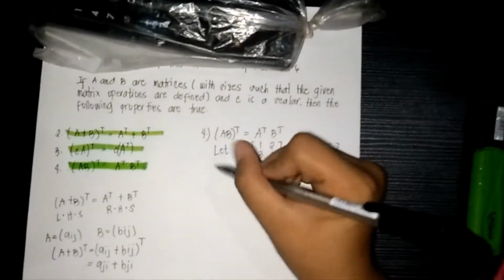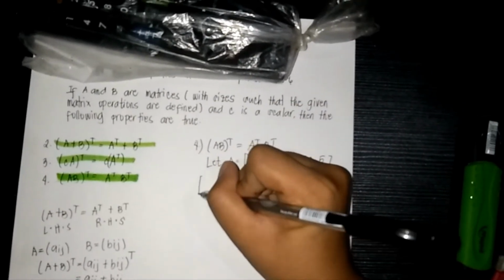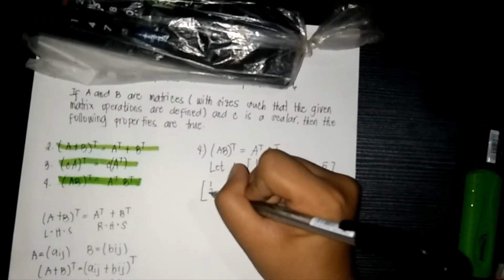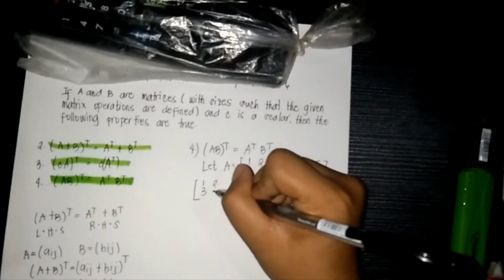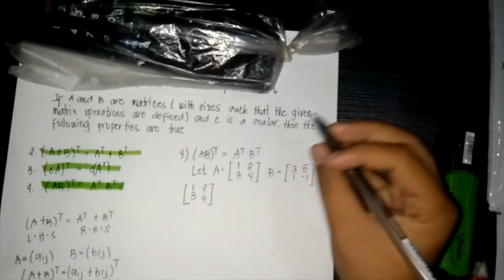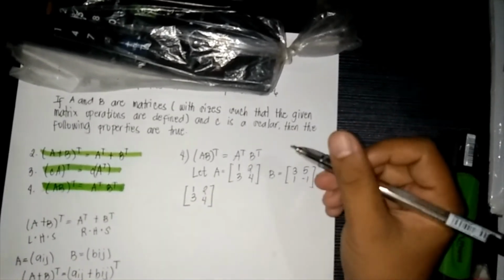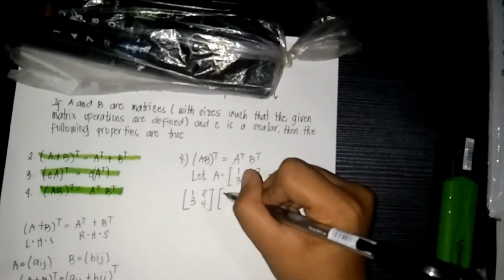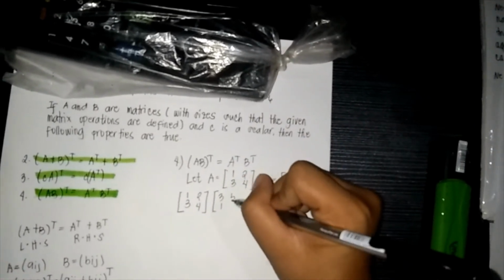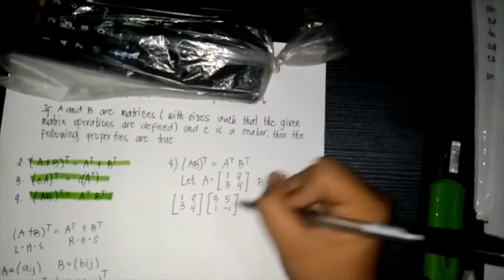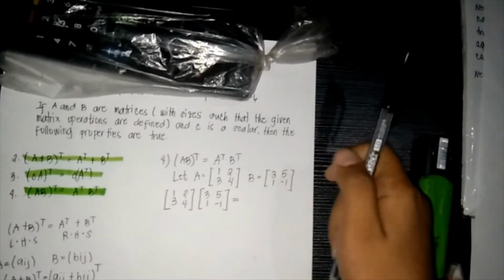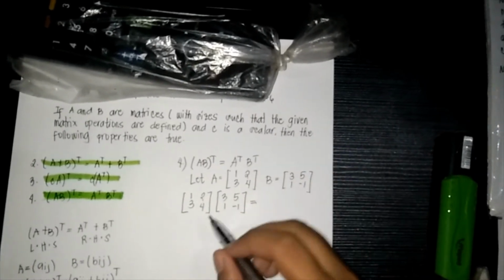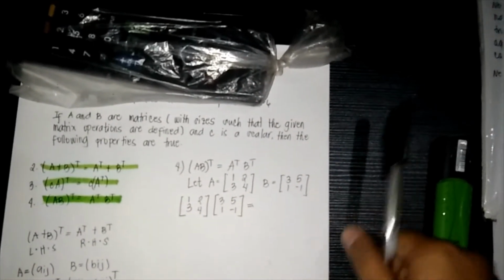First let's write the value of matrix A, which is 1 and 3, 2 and 4, and multiply it to the value of matrix B, which is 3, 1, 5 and negative 1. How do we multiply these two matrices?